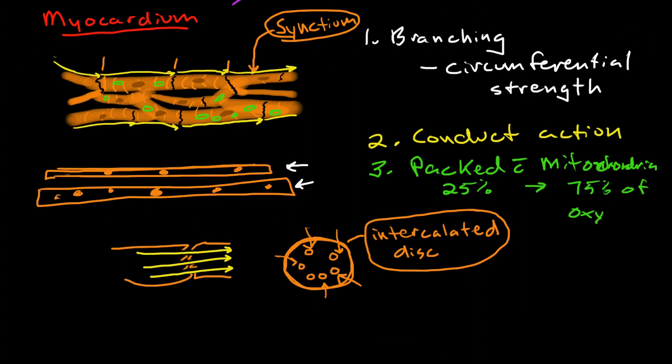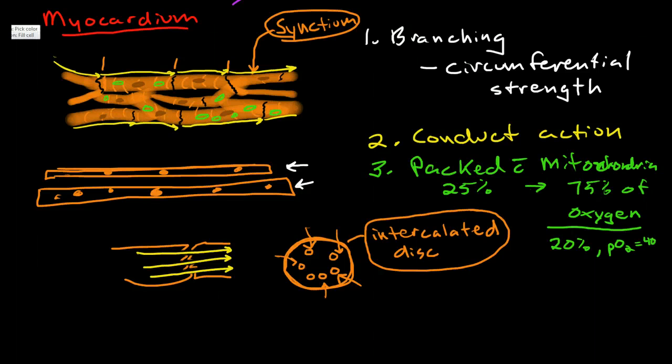So blood that is returning from the cardiac tissue via the coronary veins oftentimes has an oxygen saturation of around 20 to 25%, and a partial pressure of oxygen that is very, very low, 30 or 40.